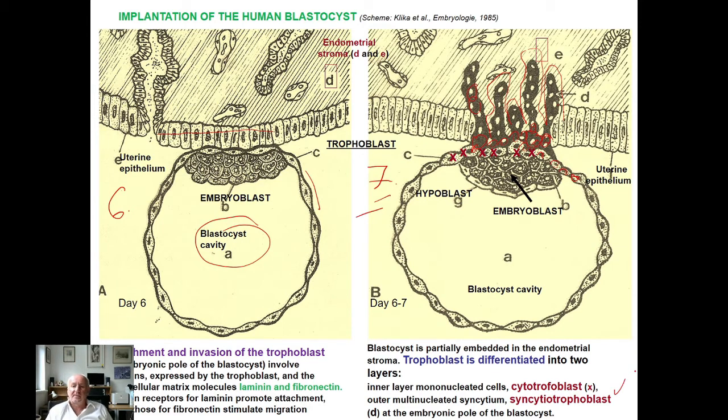Syncytiotrophoblast is a syncytium. It's a structure which develops by fusion of cells. By fusion of cells, please, not connection. A next nice example in the human body is a muscle fiber of cross-striated skeletal muscle. It's also a syncytium.